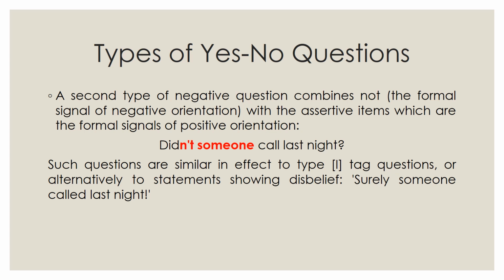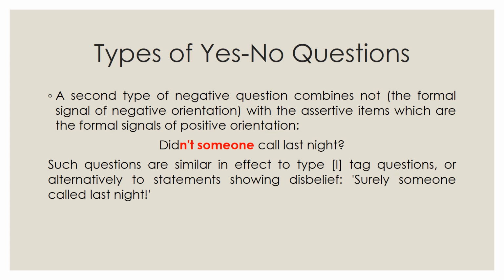So this question means surely someone called last night. I was sure, okay, that someone called me last night. But when I asked you, you said the opposite. So you see here, I am having two different assumptions, two different attitudes. I expected something, but then I found out something else.